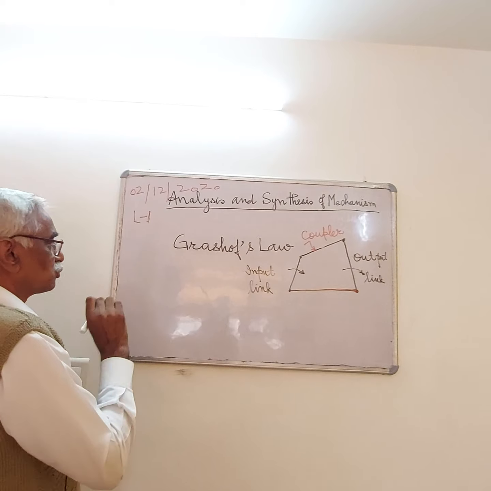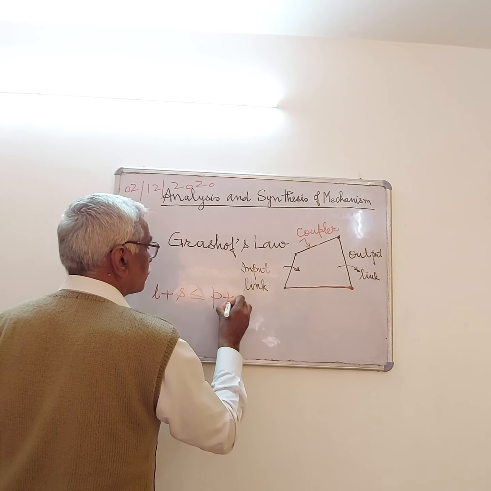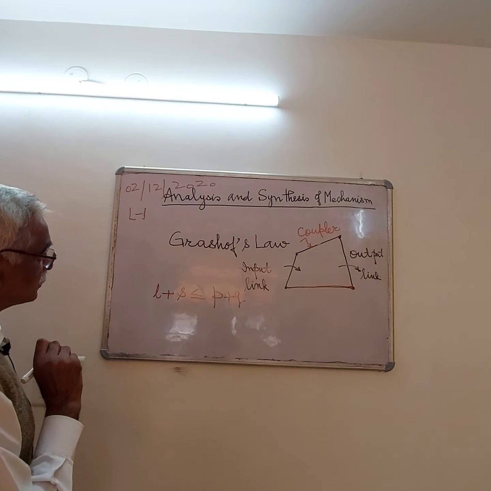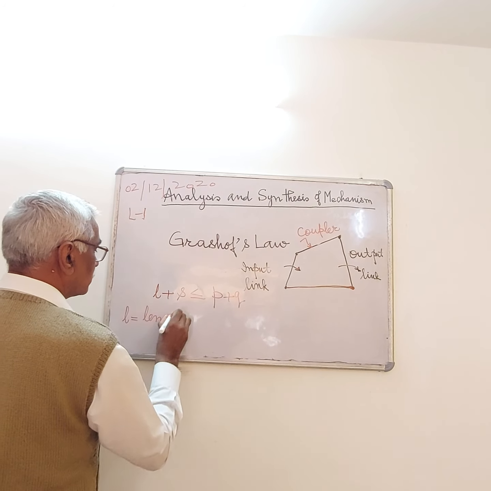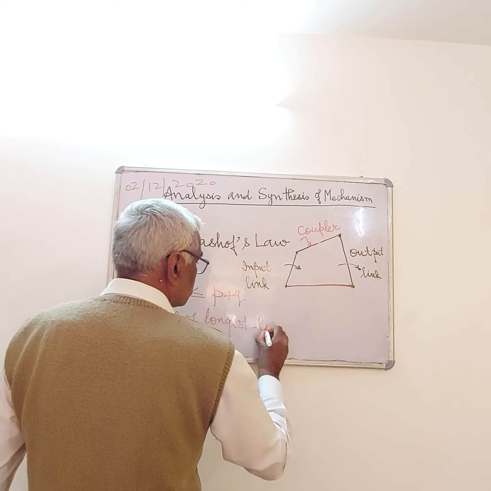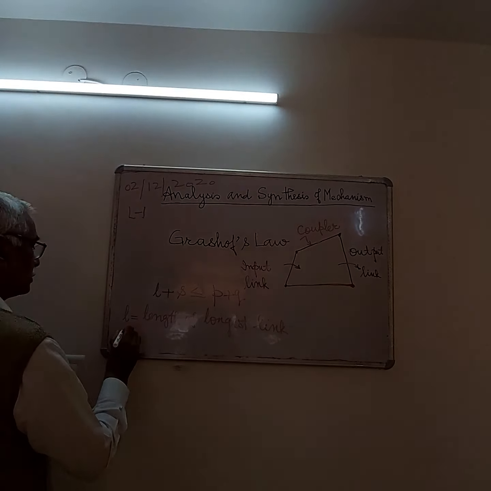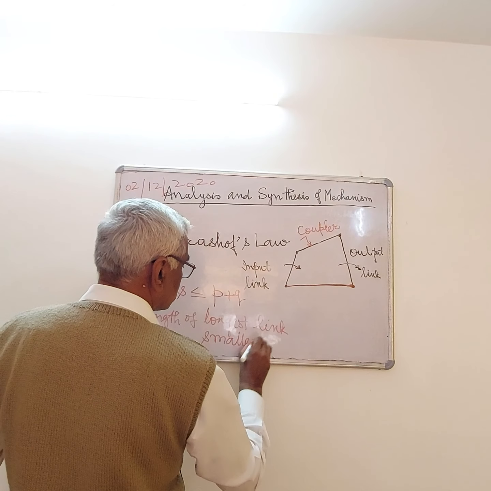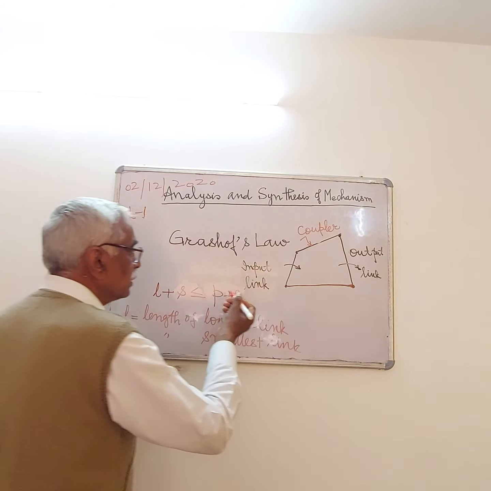Now, according to Grashof law, L plus S is less than or equal to P plus Q. L is the length of the longest link of the 4-bar linkage.